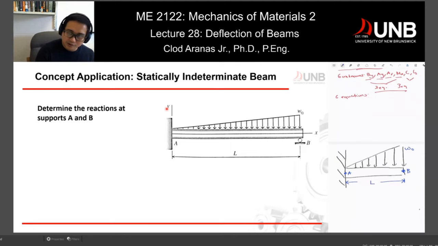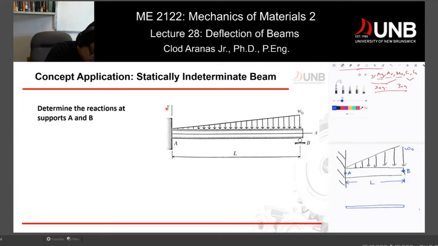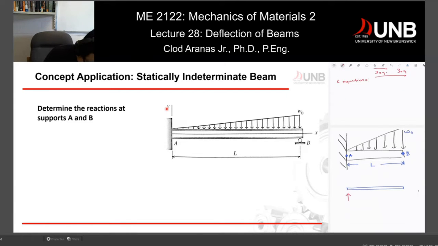Now, what would be the unknowns in terms of support reaction? So if we are going to draw all the forces on this beam, and right now I'm just assuming directions. So if I have that beam, I'm going to get A sub Y. So that's the support at point A. Take note, I have AX right here. And be particular with your exam.